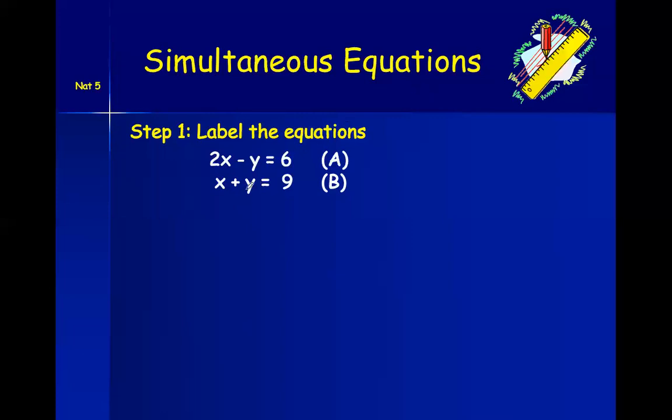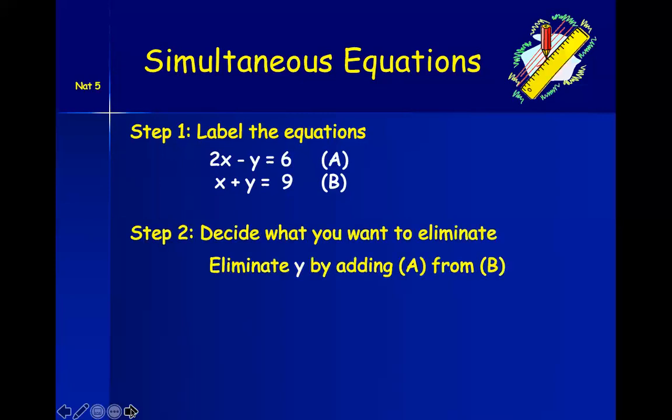So basically by adding them, instead of taking them away, I got rid of the y's. So you can eliminate by taking away if they've got the same sign, or you can eliminate by adding them if they've got opposite signs. So the choice that you make is based on the sign of your variable.